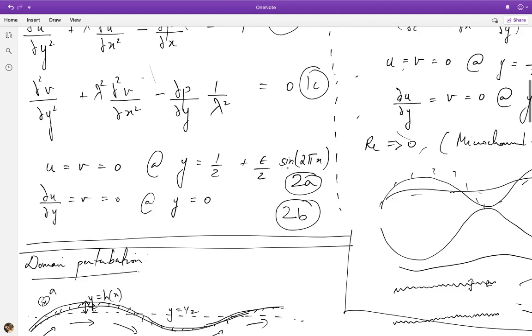But if you see the form of the boundary condition, that would be unphysical, right? Because the modulation is sine 2 pi x. If I make epsilon minus 1, that's equivalent to doing a phase shift of the boundary condition by 180 degrees, or by pi, right? Because sine of minus 2 pi x is minus sine 2 pi x.